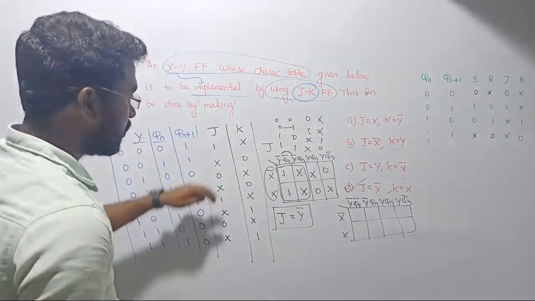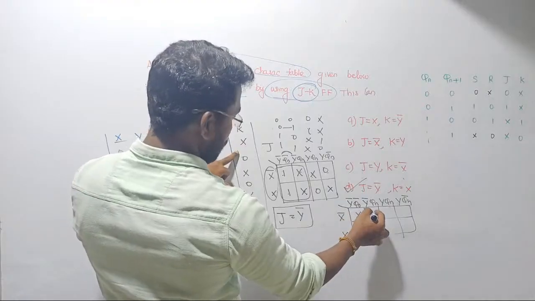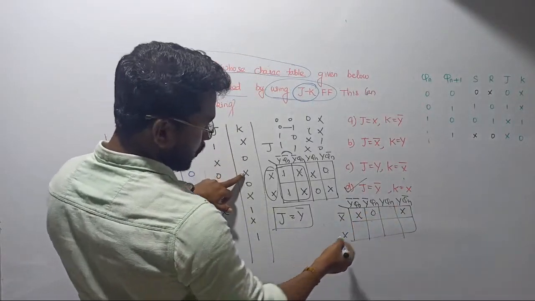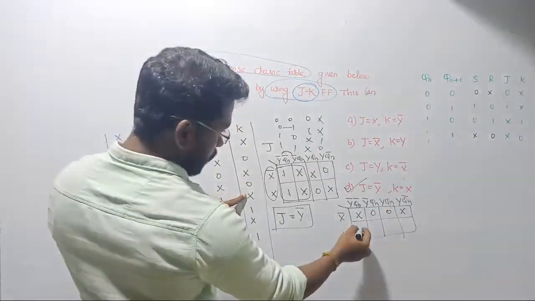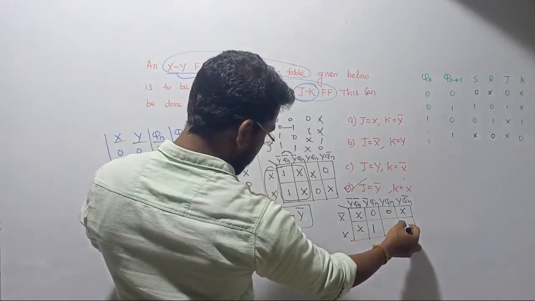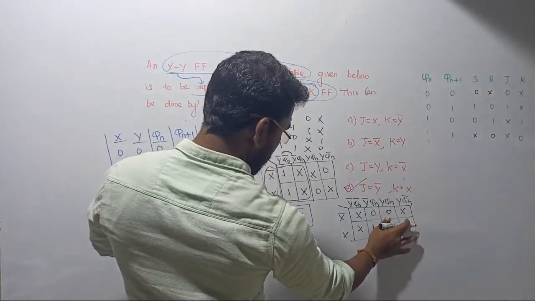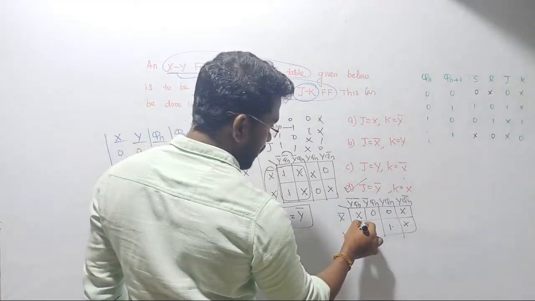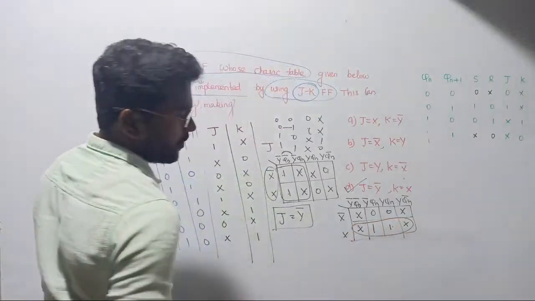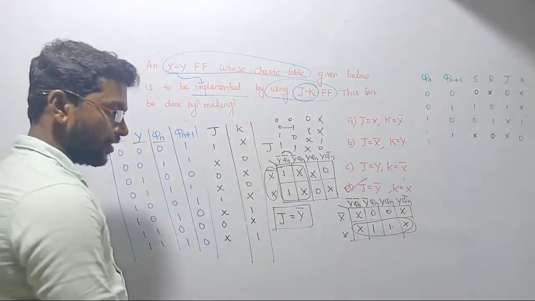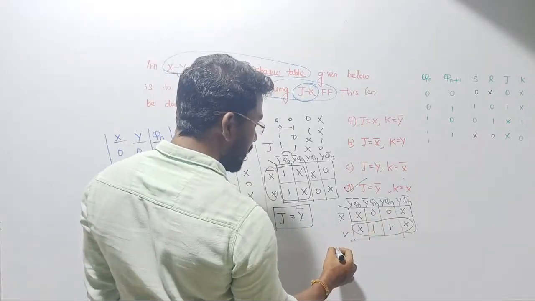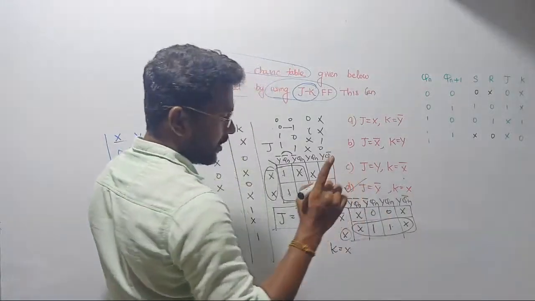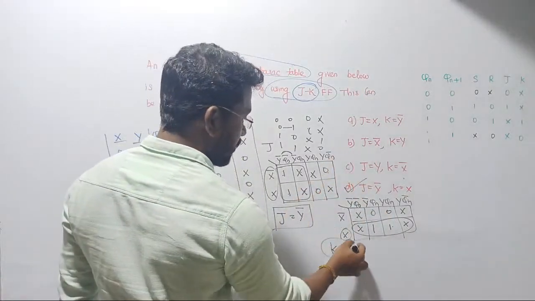Let us substitute and see. The conclusion here is we should club them together, a quad could be possible. So directly what is K? It will be equal to only x, because if you add all these possibilities, you get 1. So what is the conclusion? K is equal to x.